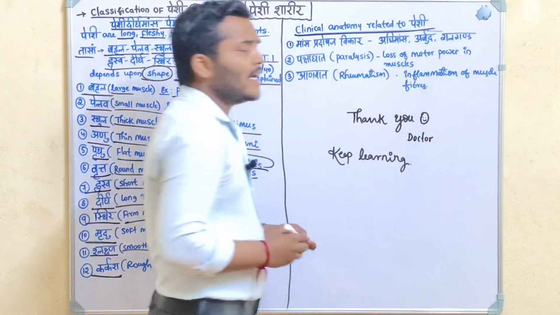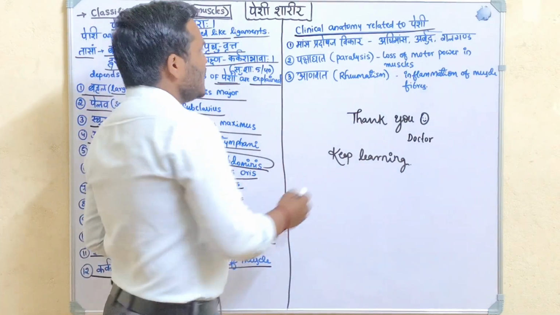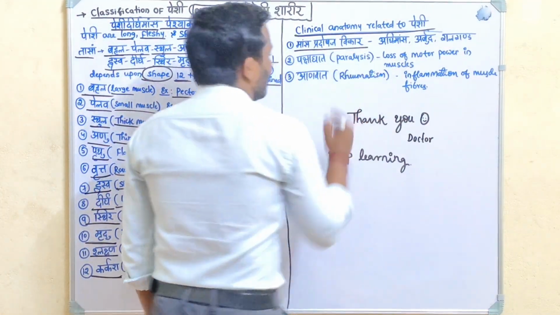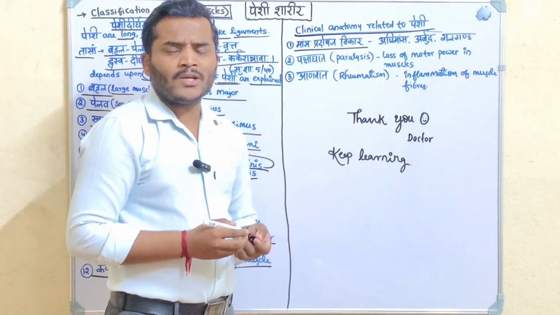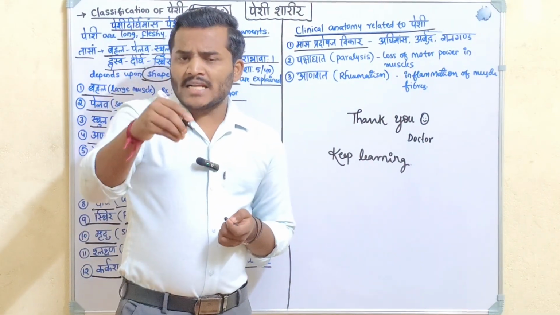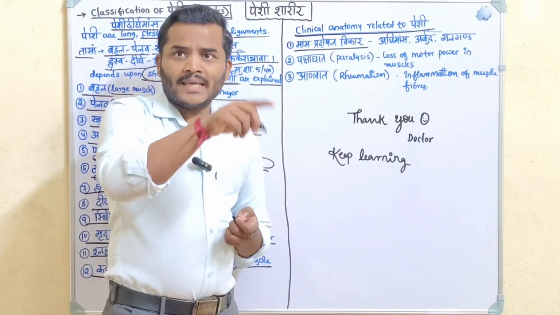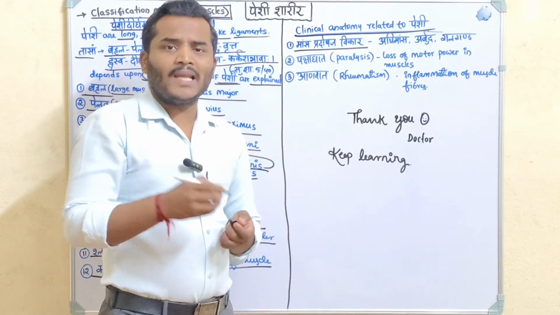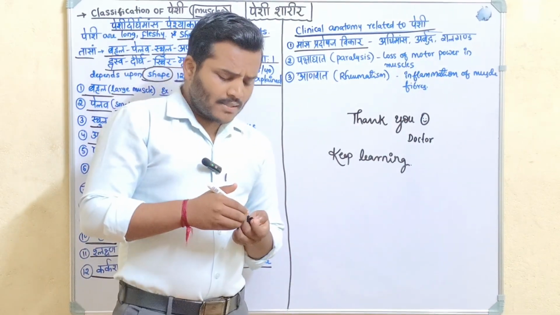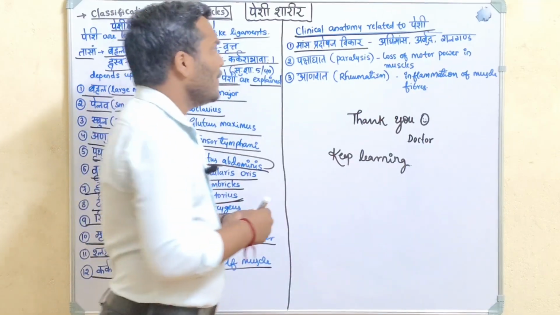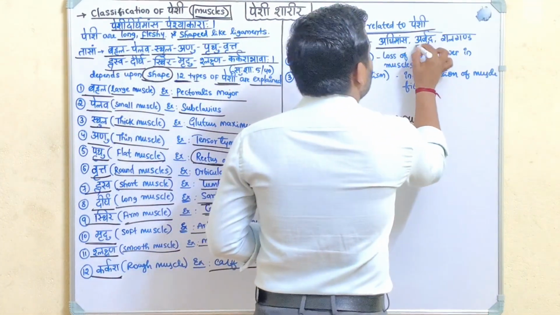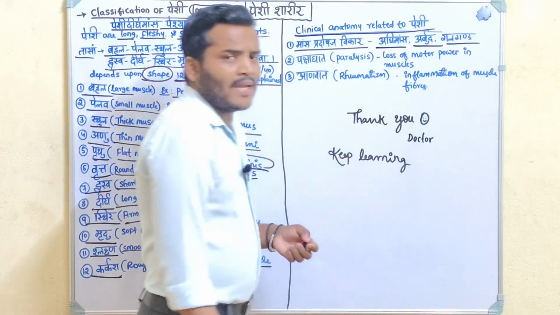clinical anatomy related to peshi sharira, that is mamsa pradoshaja vikara. Peshis are formed from the mamsa. Here mamsa pradoshaja, when mamsa is vitiated, it causes many diseases like adimamsa, arbuda and galaganda tumors.